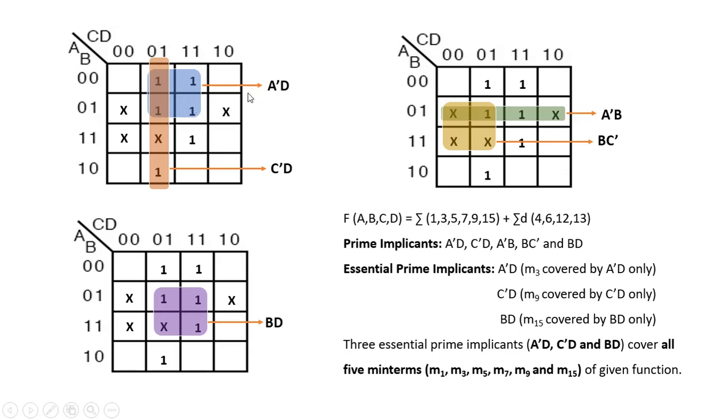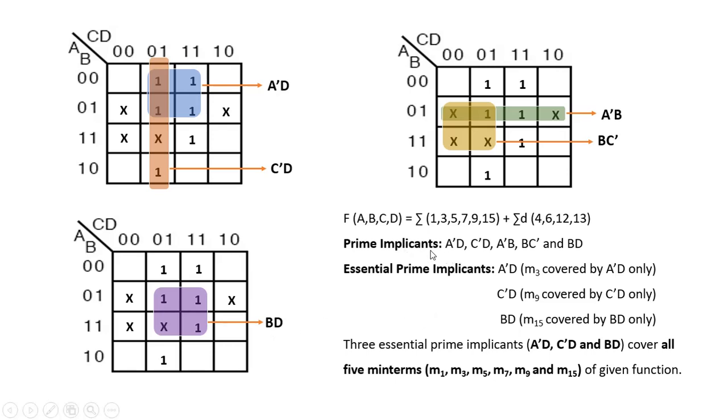So this will form prime implicant A bar D. Now this one can be grouped with the maximum number of ones like this, and it will give rise to prime implicant C bar D. Now similarly this one can be paired either like this forming prime implicant A bar B, or like this forming prime implicant B C bar. Similarly you can form a group for this one, and it will give rise to prime implicant B D.